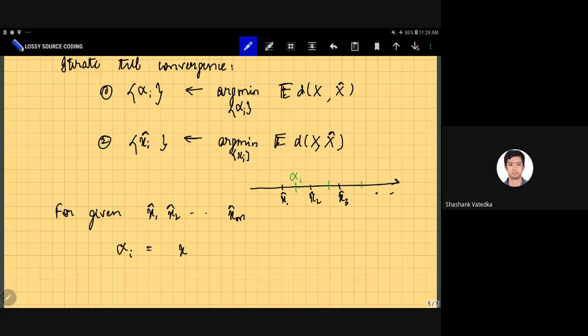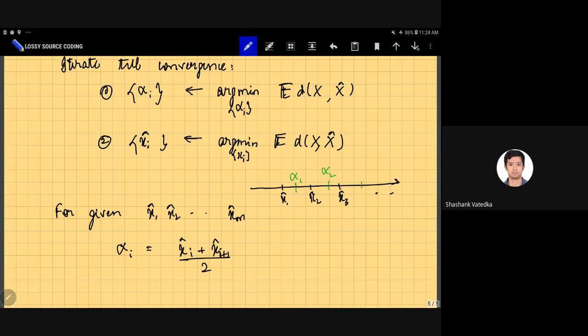Alpha 1 will be the midpoint of x1 hat and x2 hat, alpha 2 will be the midpoint of x2 hat and x3 hat, and so on. So alpha i is going to be xi hat plus xi plus 1 hat divided by 2.